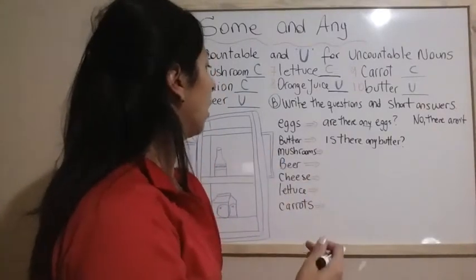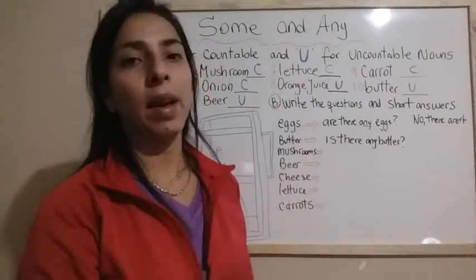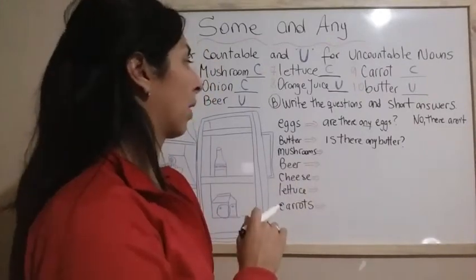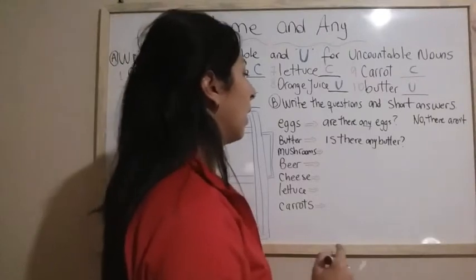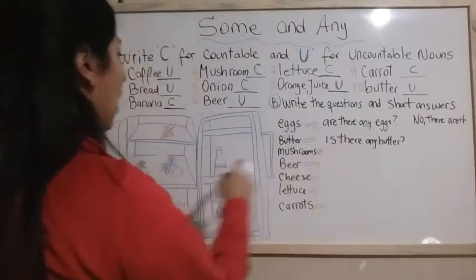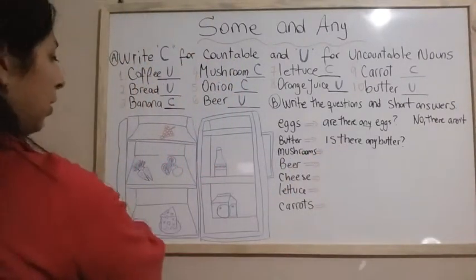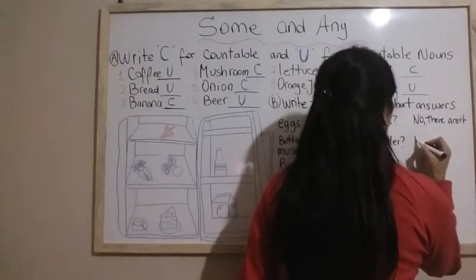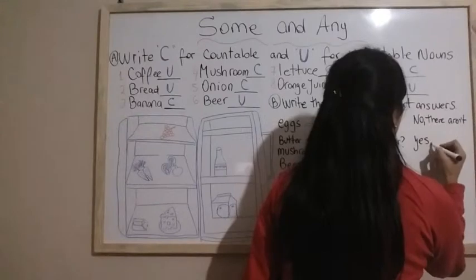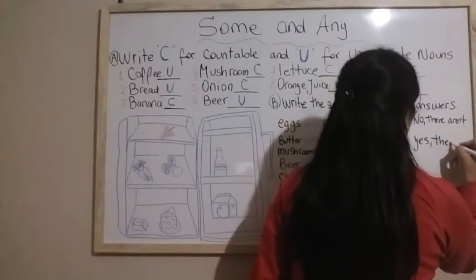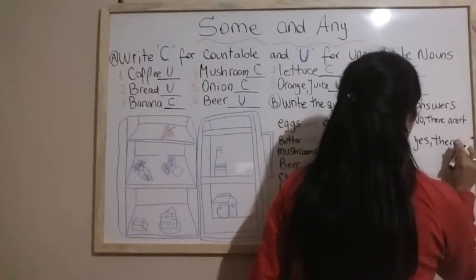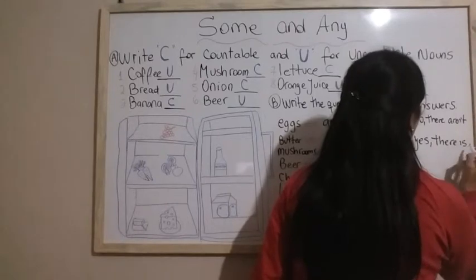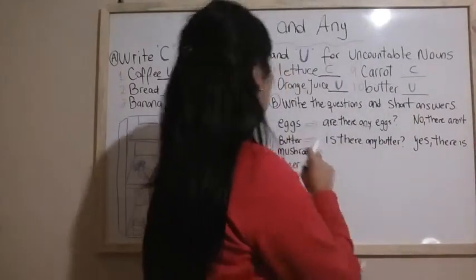An uncountable noun takes the singular form, not plural form, okay? We have butter in the fridge? Yes. Okay, the answer is yes. Sorry. Yes, there is. Okay?